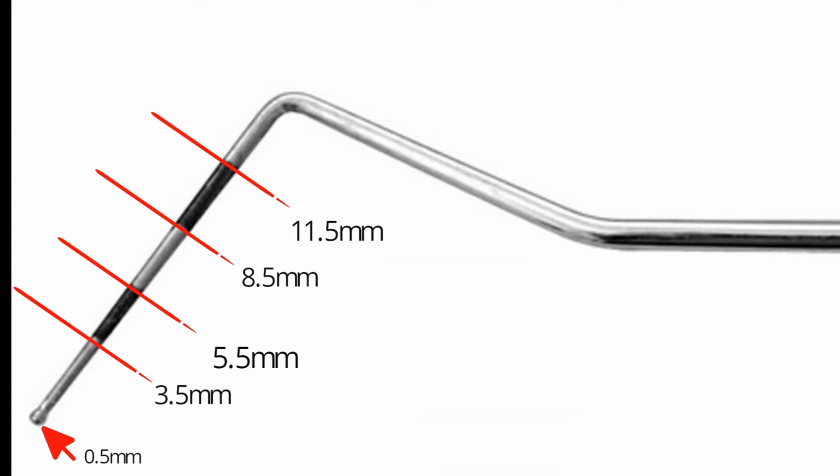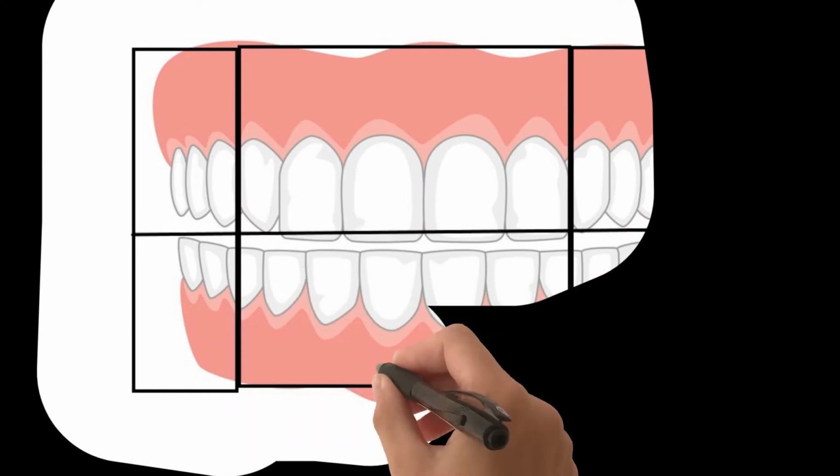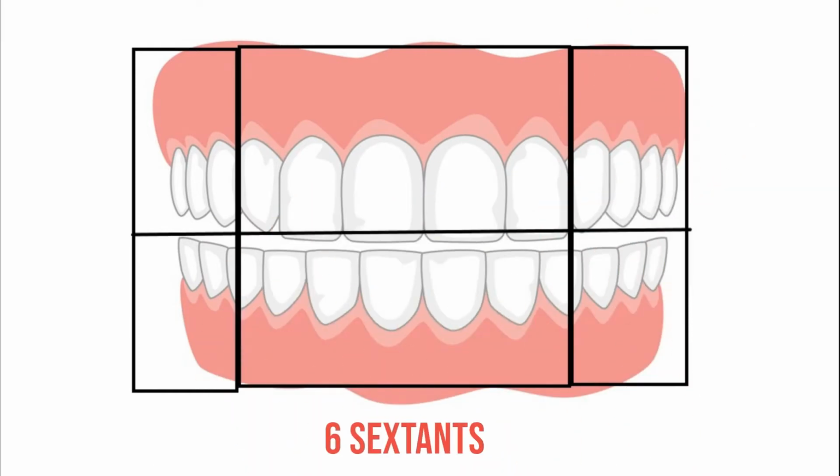What is the best way to record the BPE? The dentition is divided into 6 sextants, with the greatest score recorded for each sextant.